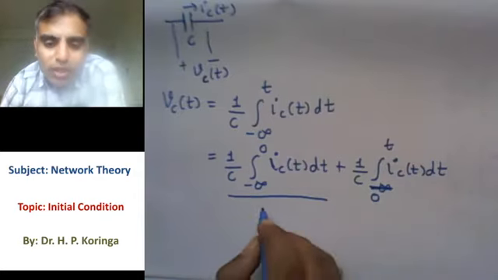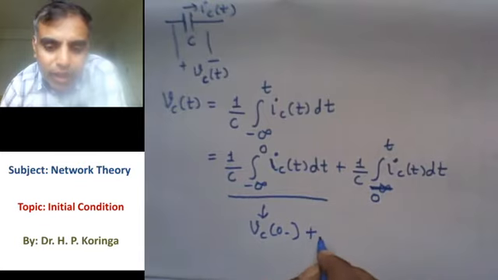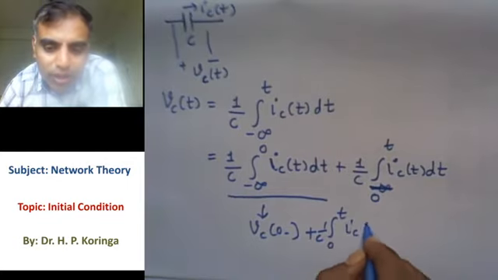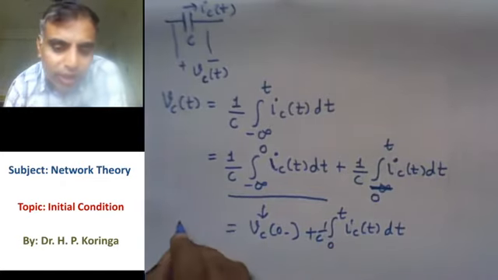So this is the initial voltage across the capacitor. It can be represented as Vc of 0 minus, and this is the voltage added after putting it into charge. Once we put this capacitor into charge, it adds to the initial voltage, and we get the voltage across the capacitor at any time t.